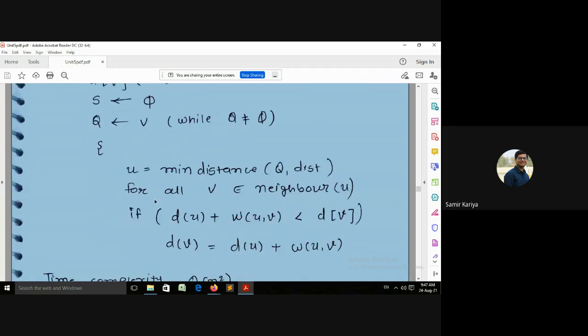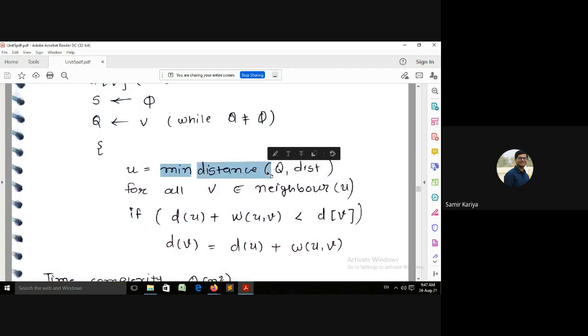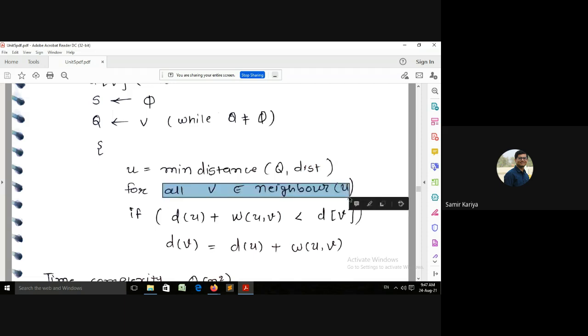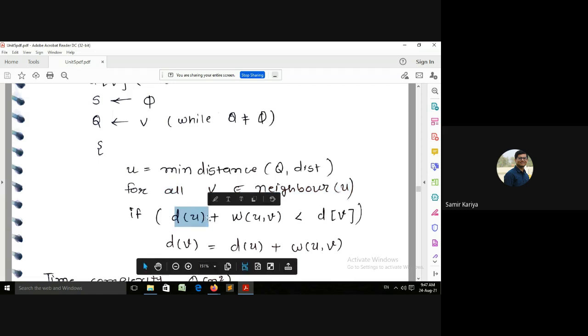First, find the vertex u with the minimum distance in Q. For all v belonging to the neighbors of u, that is, those with a direct edge, make the summation: the distance of u, that is, the distance up to u from the source, plus the weight from u to v.